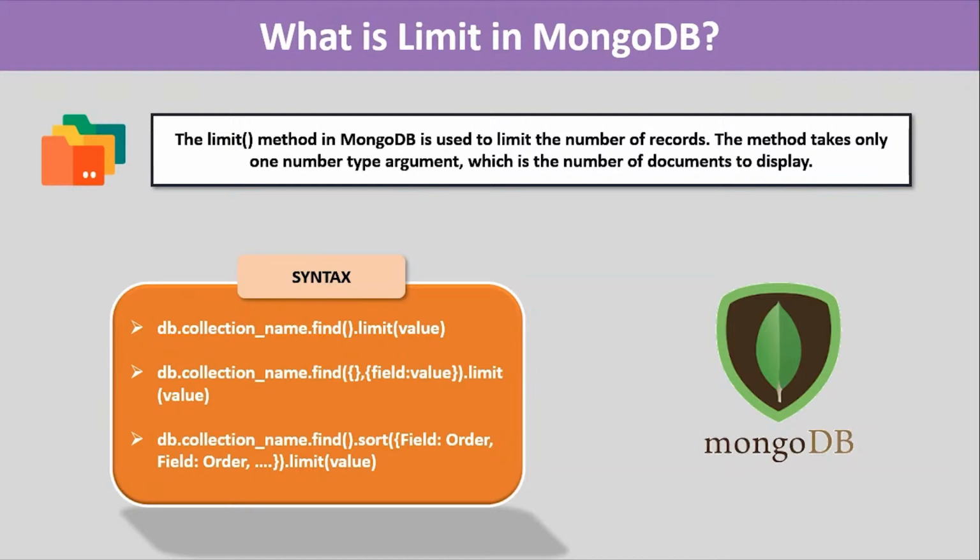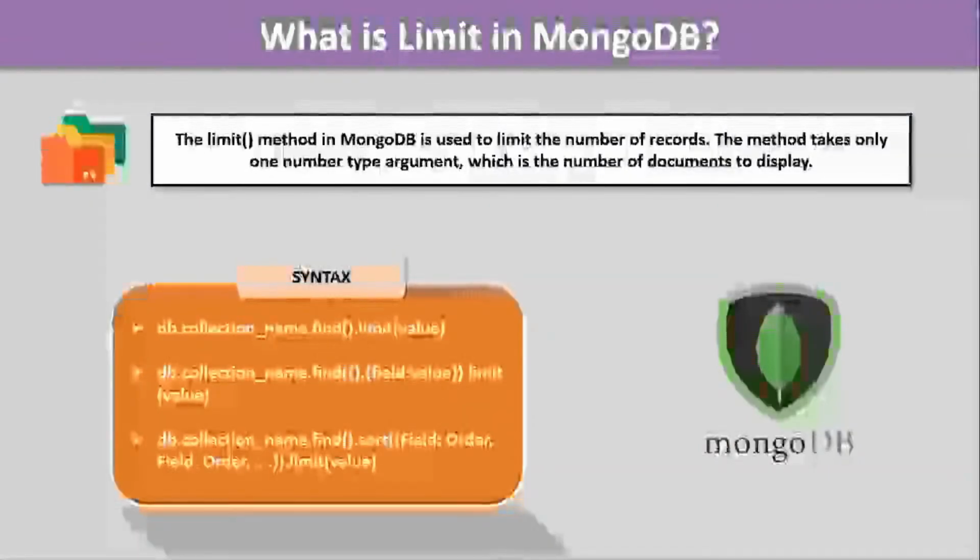And the syntax is followed as db.collectionname.find().sort(field: order). You can give multiple field names in the sort parenthesis and mention the limit method, and you can give the value, that is the number of records that you want to fetch in a resultant table.